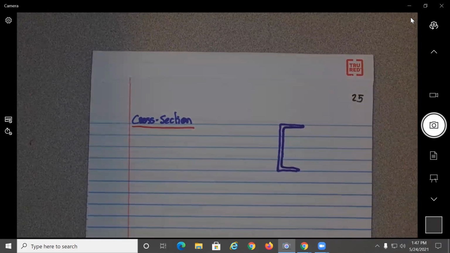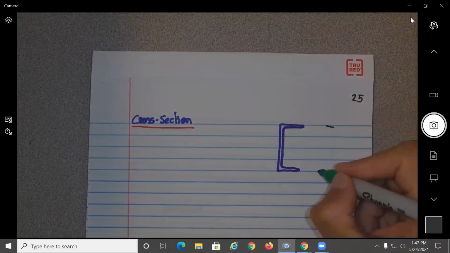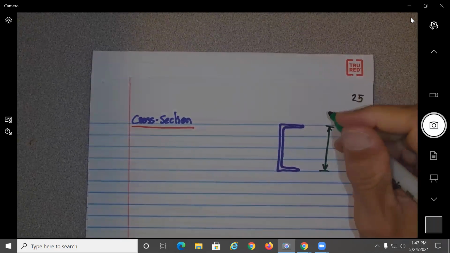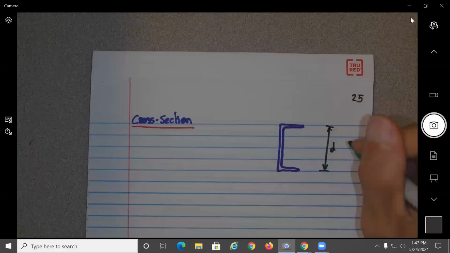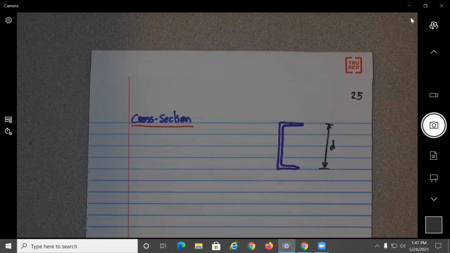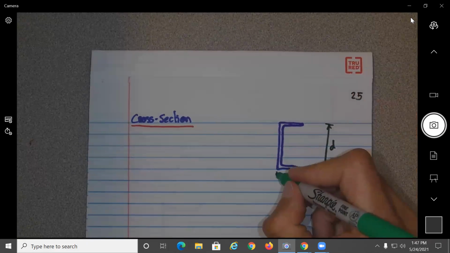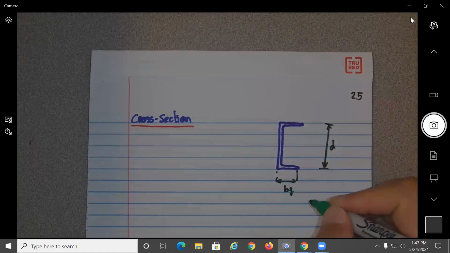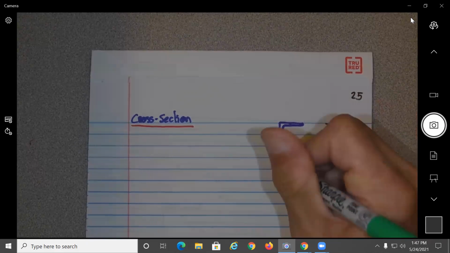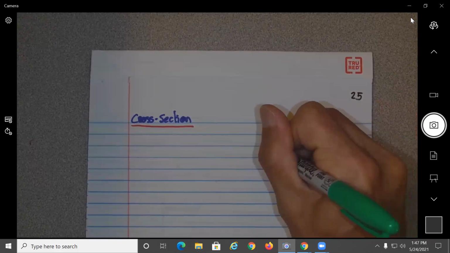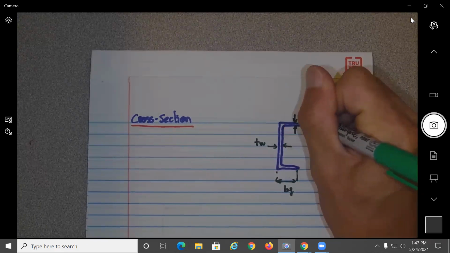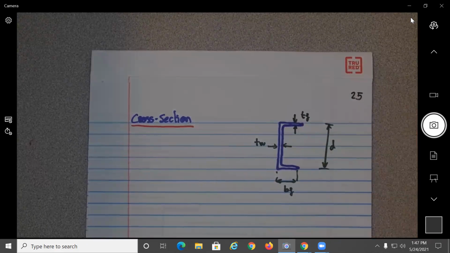If we go to one of those tables, D will give you the total height of the cross section. This will give you the width, so B sub F of the flange. Then you have the thickness of the web and the thickness of the flange.